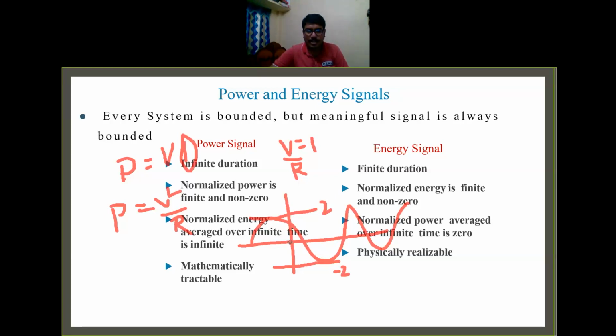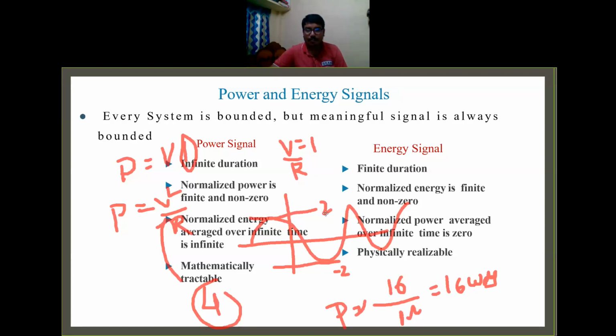So the peak to peak voltage here is 4. Put V equals 4 in this expression. 4 squared is 16, and resistance we usually take as 1 ohm. So this is 16 watts. This is the power of this signal. This is the power calculation.